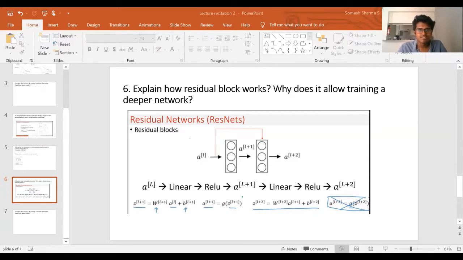Training error will go down, but the test error will go up, causing overfitting, as it fits the training data so well. For a residual network, the graph will keep going down and maybe saturate, and does not tend to overfit. So this is why it allows training a deeper network. That marks the end of this answer.